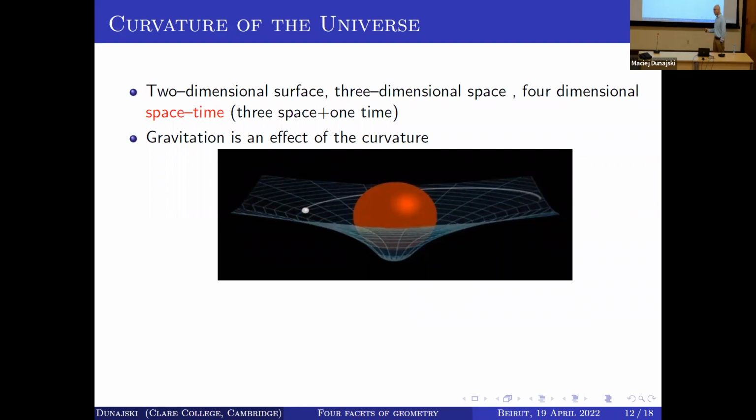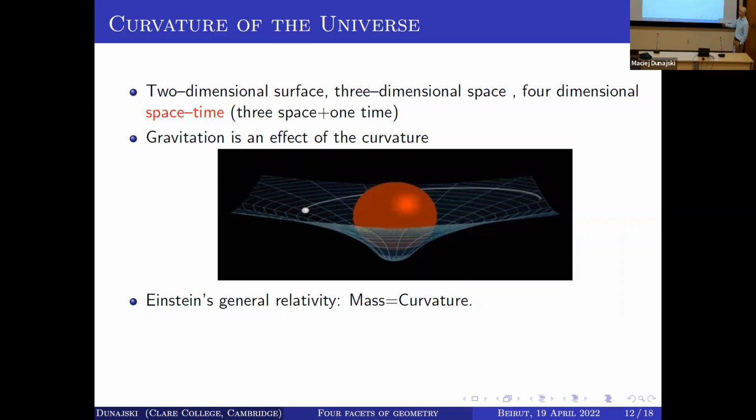Once you do that, Einstein explained that gravity, perceived as gravitation, with things not moving on straight lines but following some curved trajectories, is an effect of the curvature. He encoded this into a set of equations, Einstein's equations, which I'm going to write down fairly symbolically as mass equals curvature.